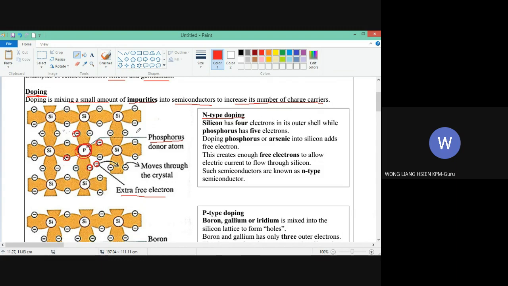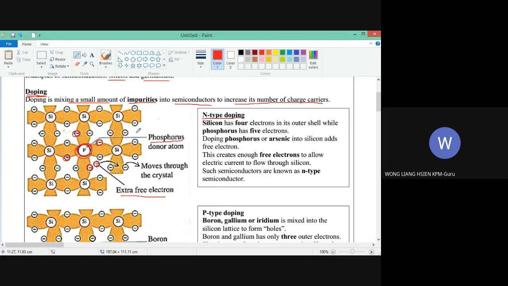So when you apply a potential difference, the electrons can pass through them, and the resistance of the silicon will decrease. So that means the silicon becomes a good conductor. You see that? The silicon becomes a good conductor.